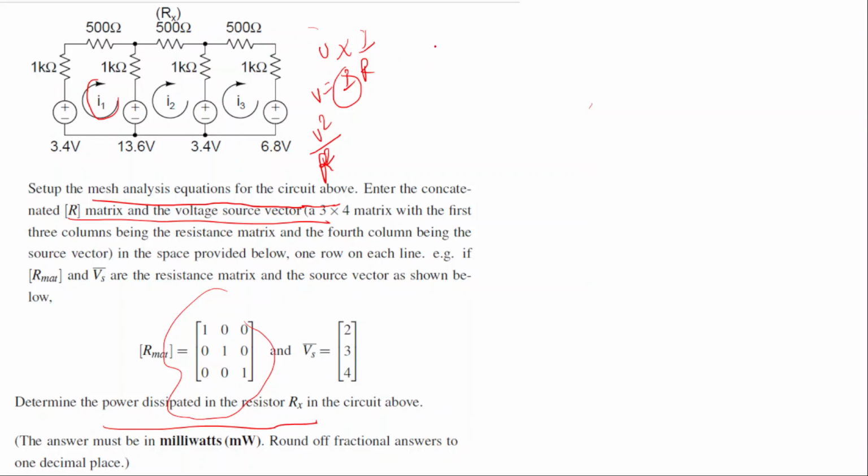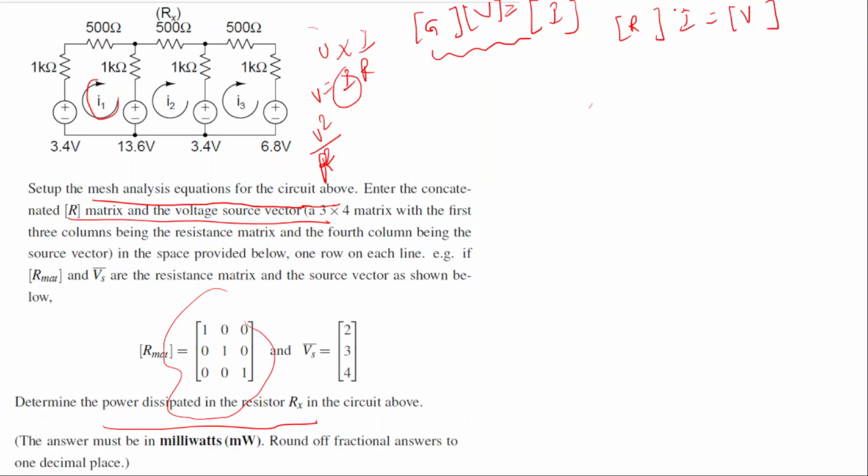Similar to the previous case, where we wrote the node voltage equation G times the V matrix equals the I matrix, here we will write the R matrix times the I matrix equals the V matrix.